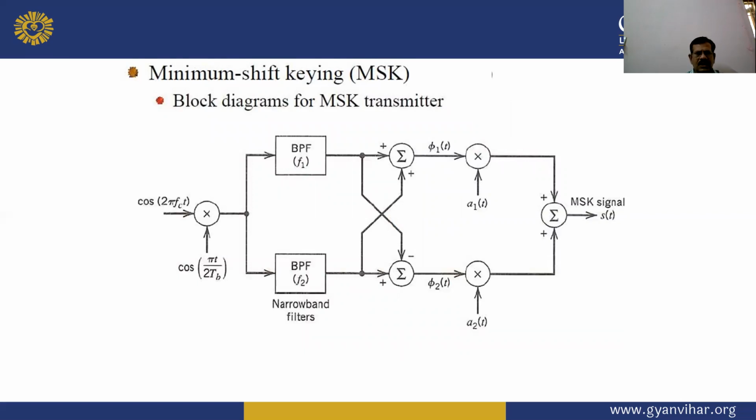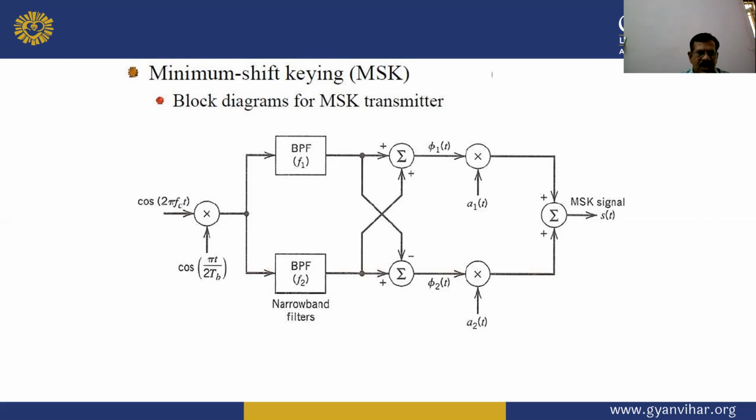So that is the block diagram for the MSK transmitter. In this block diagram, there are two band pass filters, two summation networks, two multiplication networks, and also one summation network at the output.